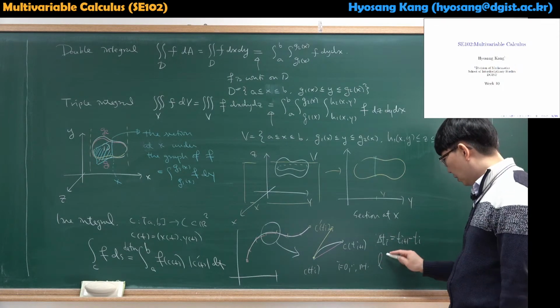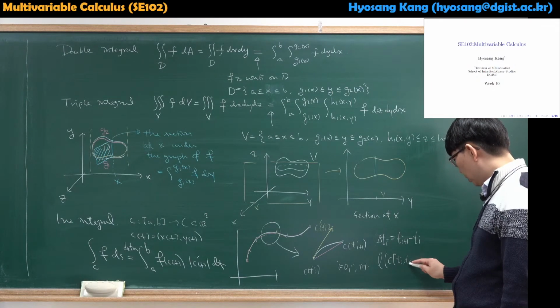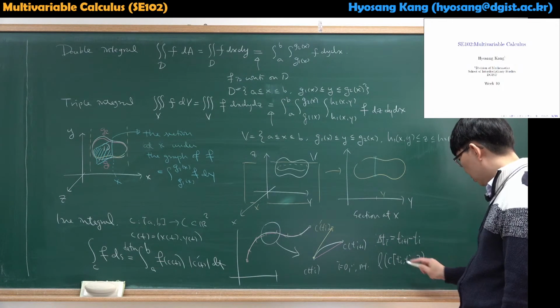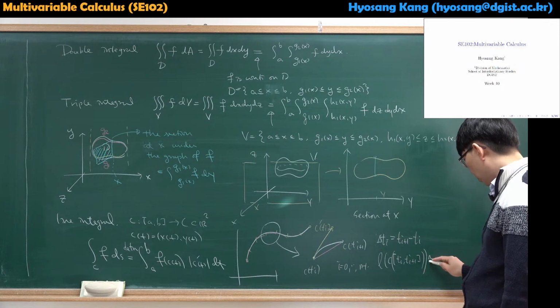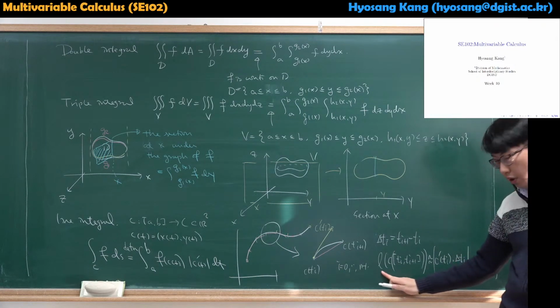So the length of C from ti to ti+1 is approximated by the absolute value of C prime ti times delta ti. Okay? So this is the small segment of line.